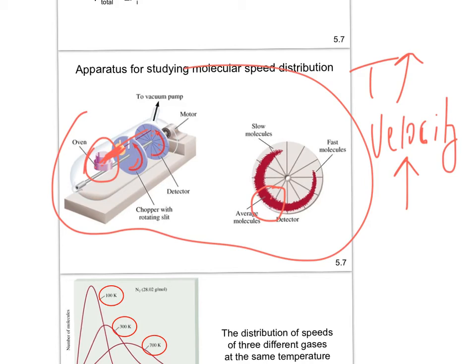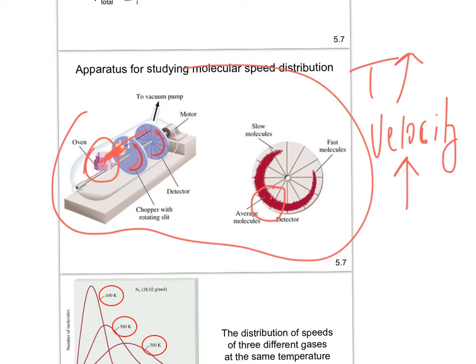This is the same gas. This is nitrogen, and it's at 3 different temperatures. Notice that these are not just lines down to one speed, the molecular speed in meters per second. They're curves. And what this tells us is that on average, this graph tells us 2 things.